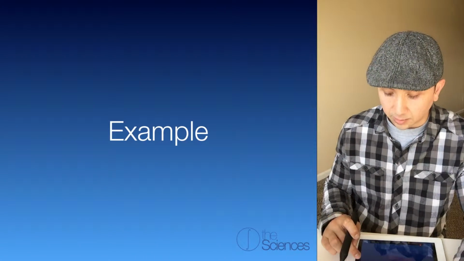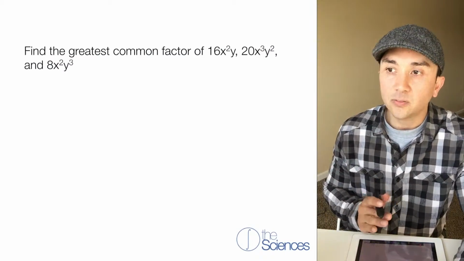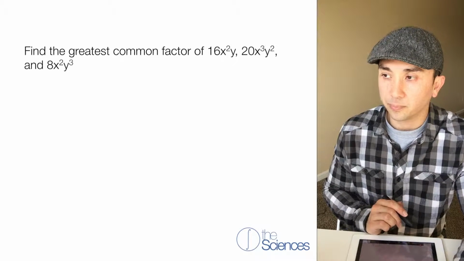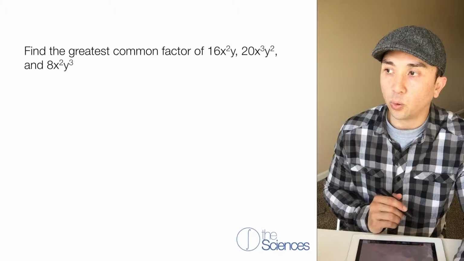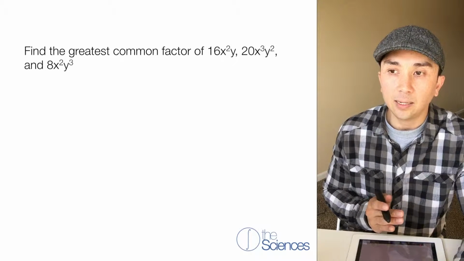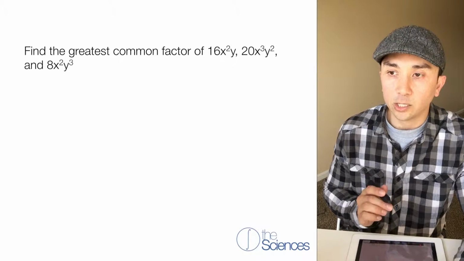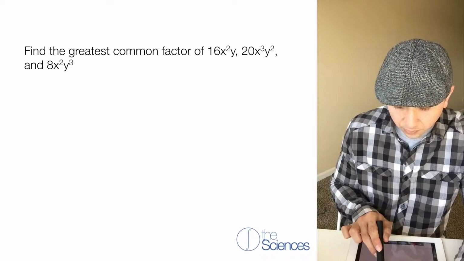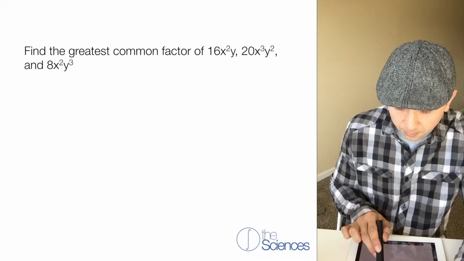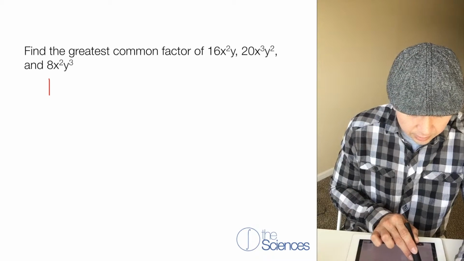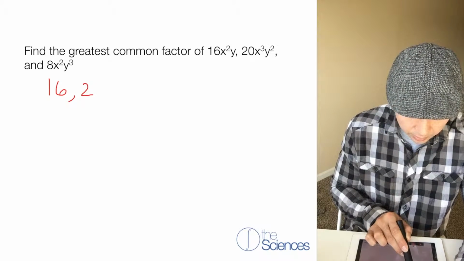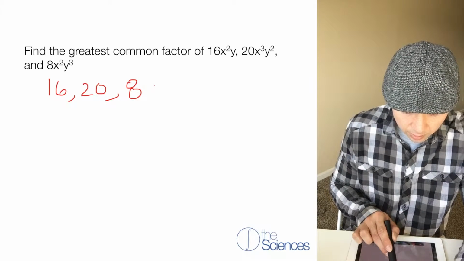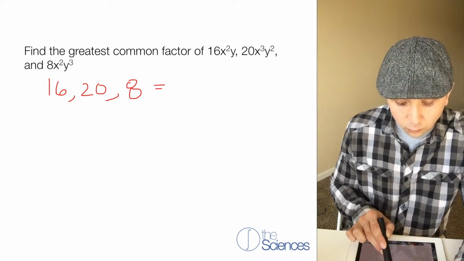So let's do an example. Let's find the greatest common factor of 16x squared y, 20x cubed y squared, and 8x squared y cubed. So if we look at 16, 20, and 8, we can notice that these are multiples of 4.